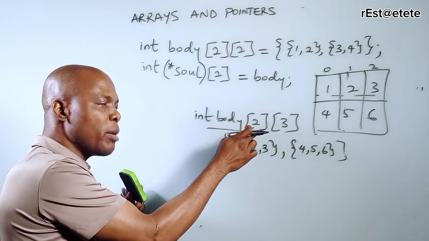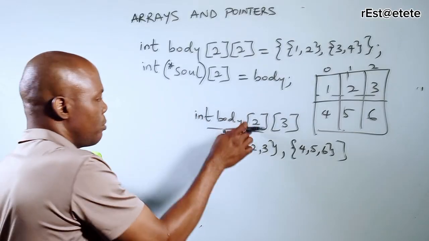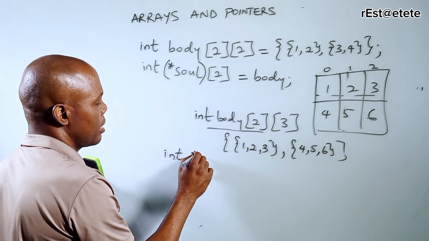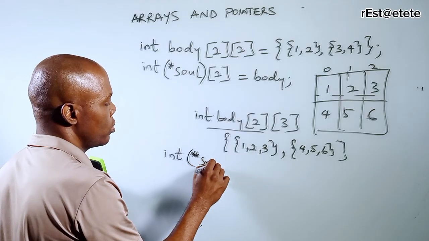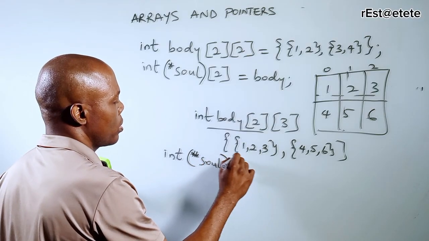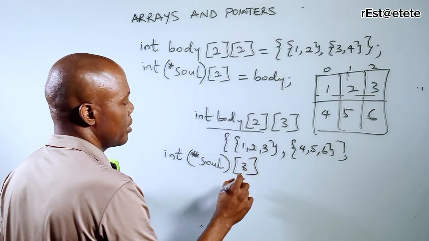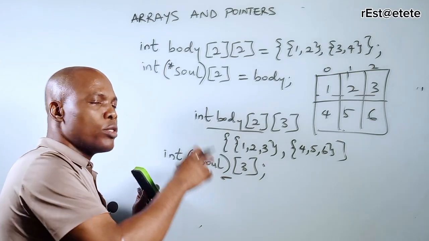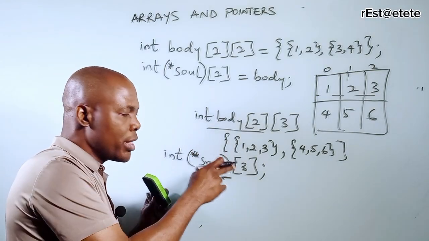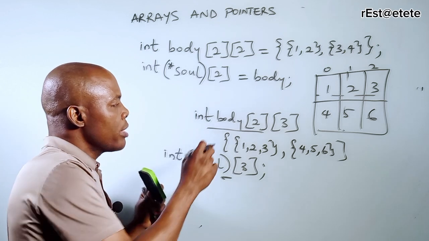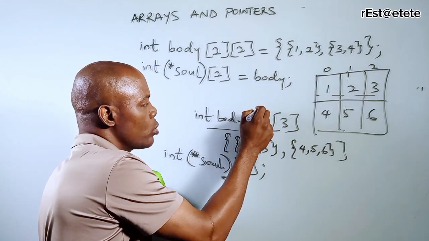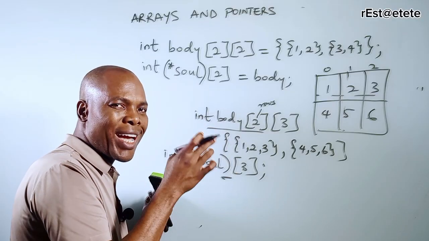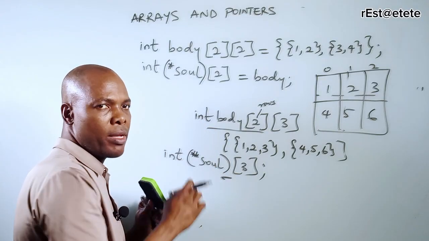Now, if I'm going to do a pointer to this, the pointer will be int asterisk soul 3. So this will be my pointer, meaning I'm pointing to an array with 3 integers. So if the array is 2, that is 2 rows, it means each of the rows is carrying 3 integers. That is what this statement is telling me.